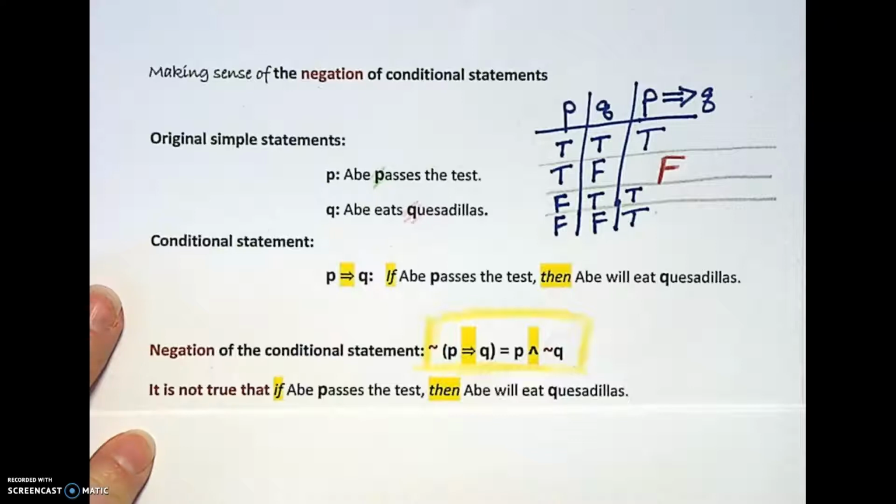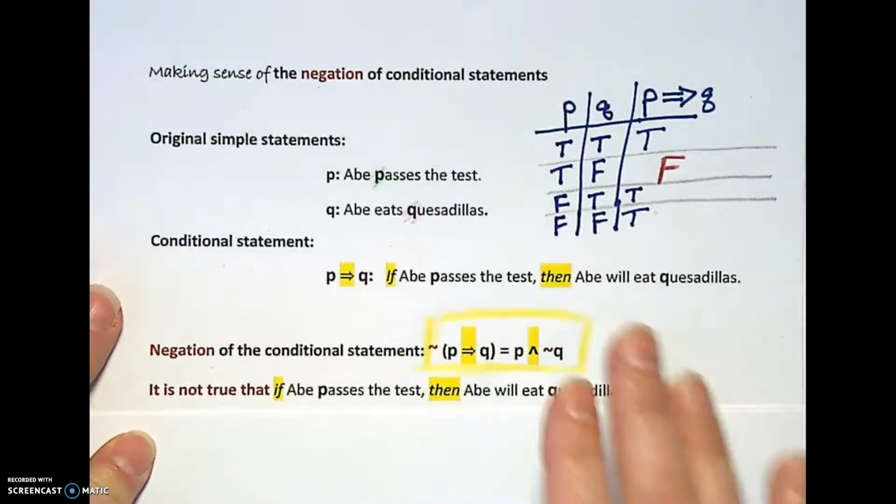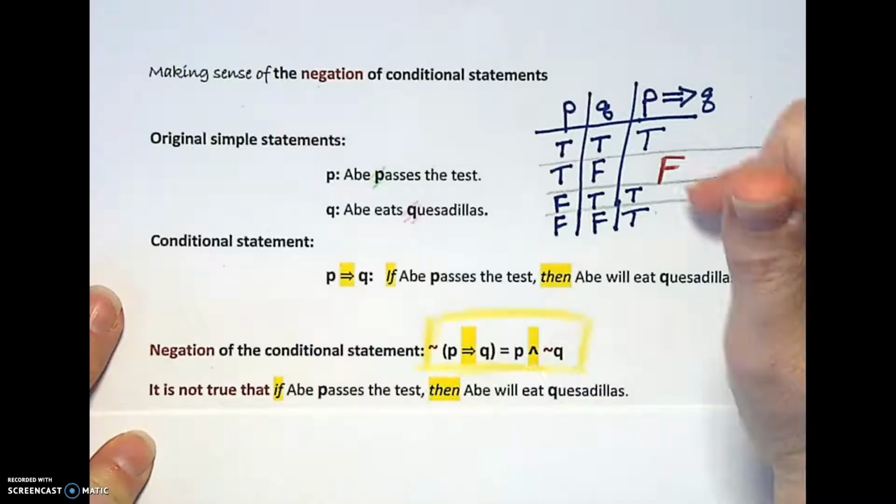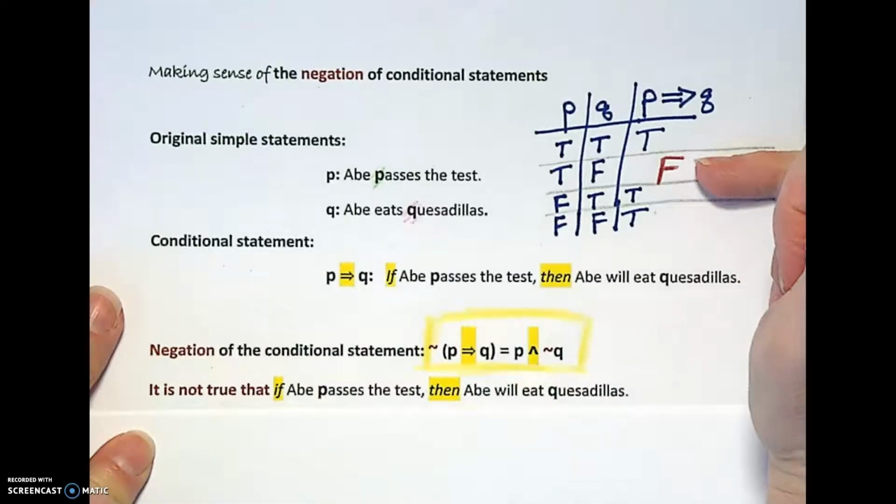So negating something falsifies whatever it was before. So where in this truth table do we have it falsified? Yeah, right here. This is the only situation where if Abe passes the test, then he will eat quesadillas becomes a false statement.